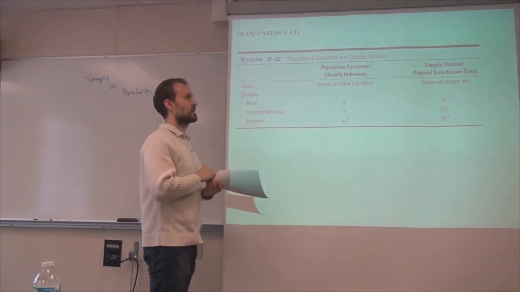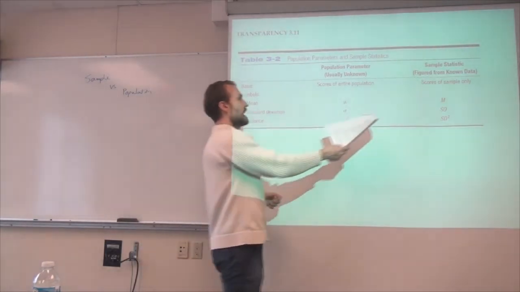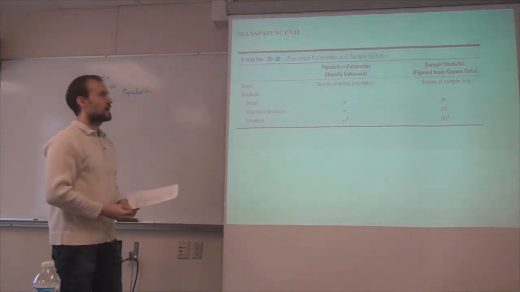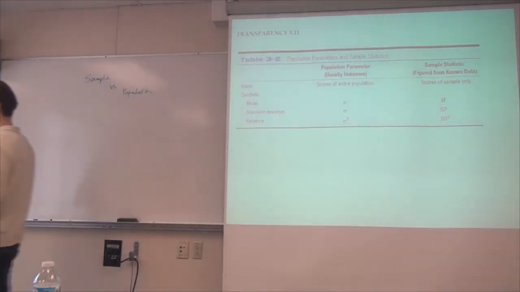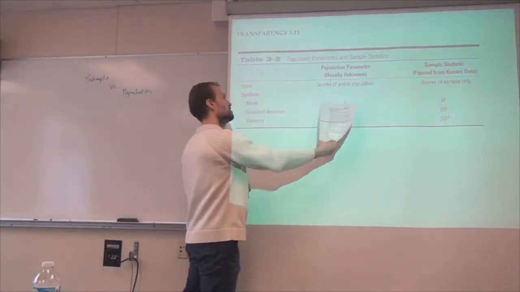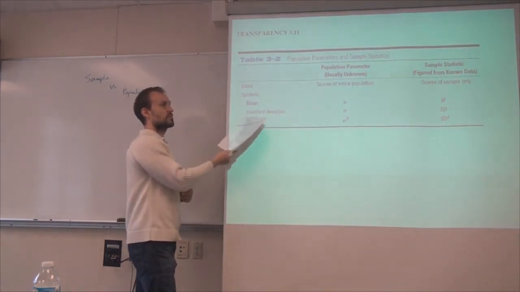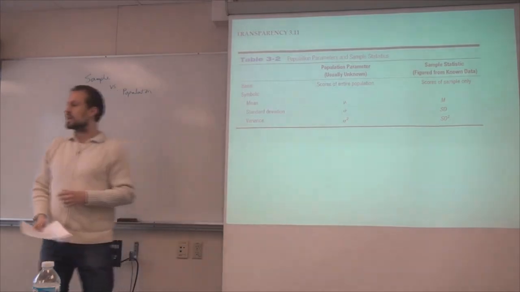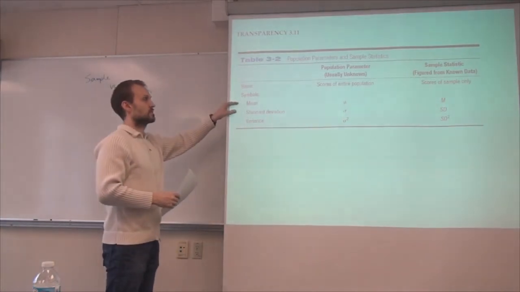So I have a sample of IQ values, a sample of people that I've surveyed. The average value, the standard deviation, the variance, I'll call that. And the convention is when I talk about the whole population, then I use Greek letters to represent the mean, mu for the mean, sigma for the standard deviation, and because the standard deviation squared is the variance, I will use sigma squared as the name for the variance. The variance I need to get to the standard deviation, but these first two are the important ones.